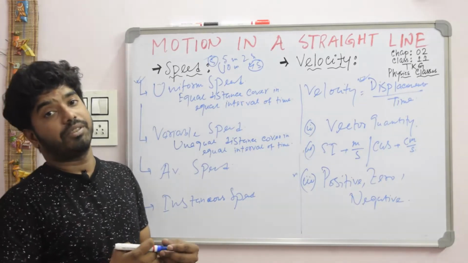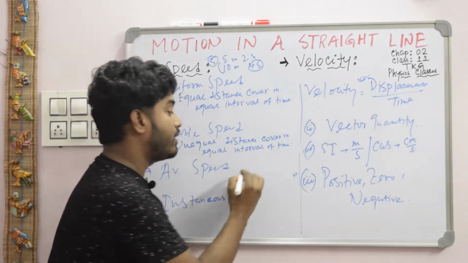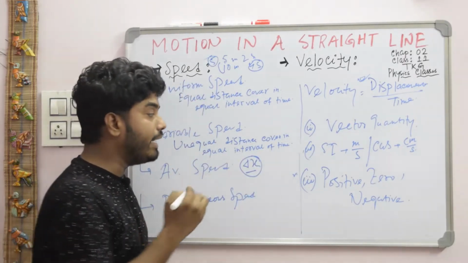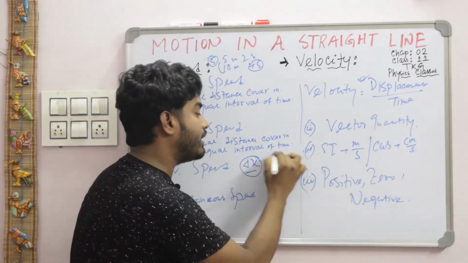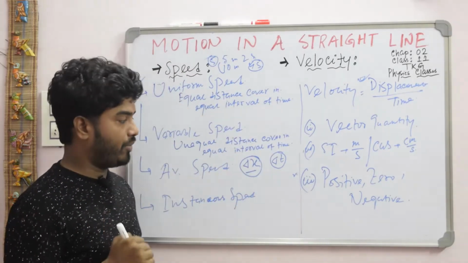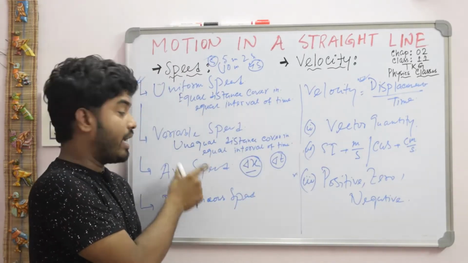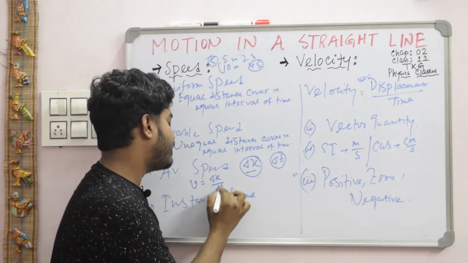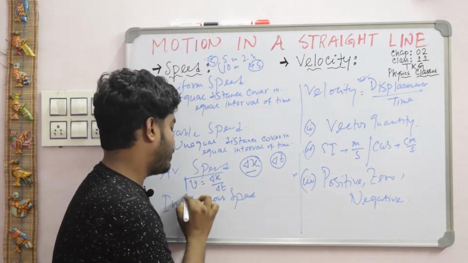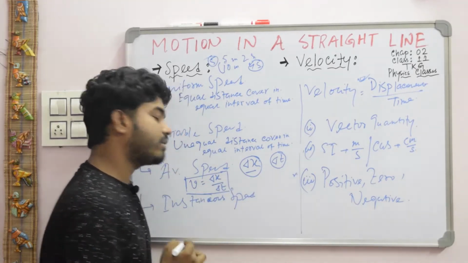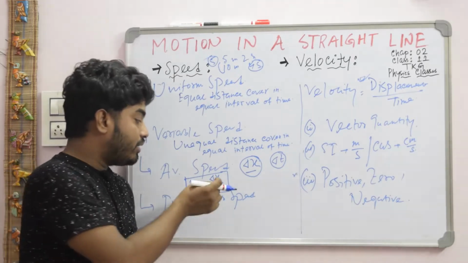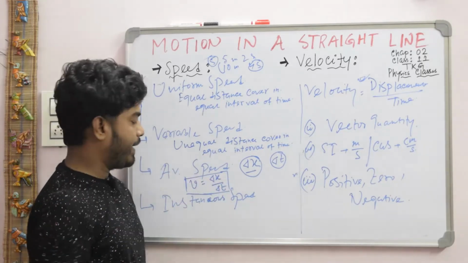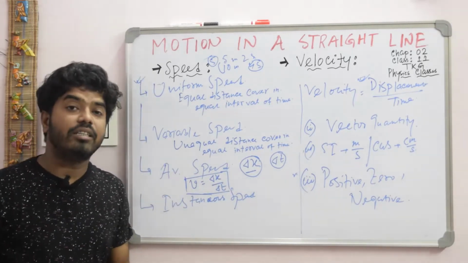Now the third case, average speed. What is average speed? Suppose a body covers del x distance in time interval del t at a given instant t. Average speed v is equal to del x by del t, that is, total distance covered divided by the time taken for covering this distance. Now the fourth case, instantaneous speed.